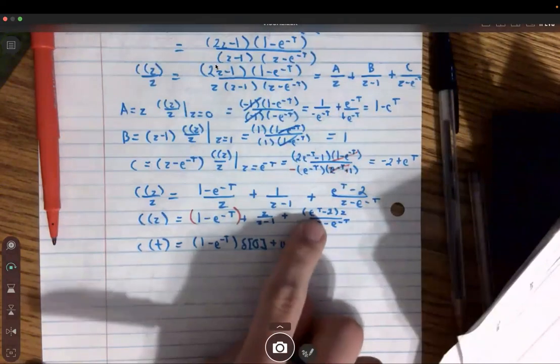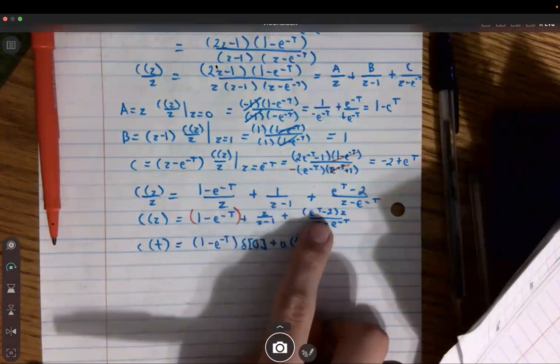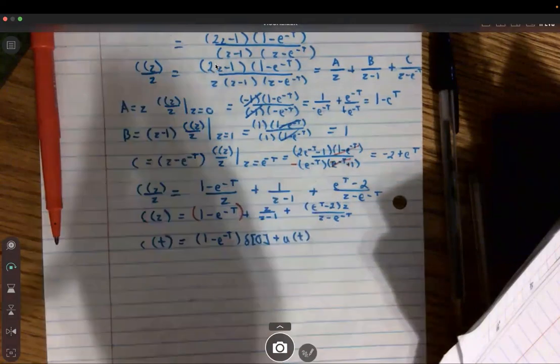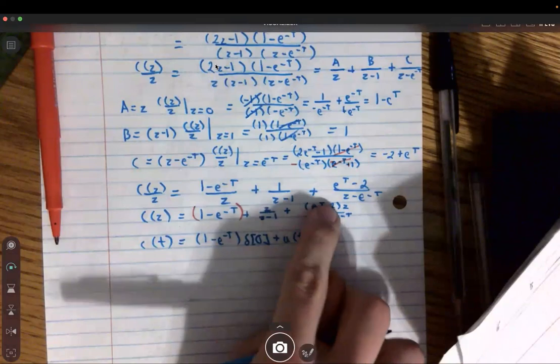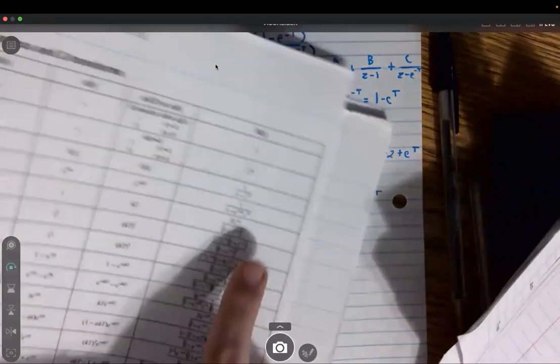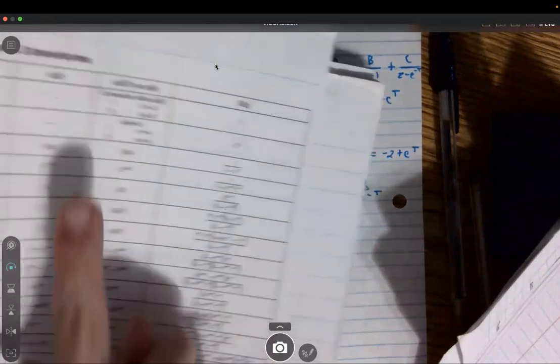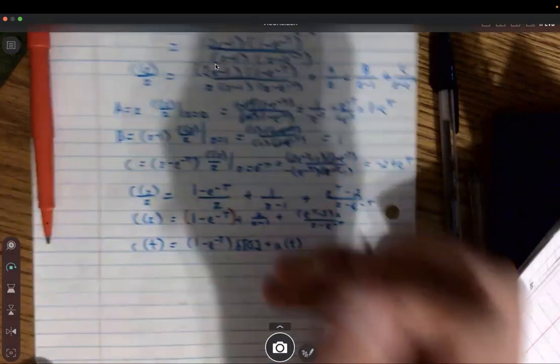And then here, specifically for our last term, you're going to notice we have an e to the t minus 2. This is just a constant times z over z minus e to -t. So this would be my z over z minus e to the -at, where my a is just equal to 1.